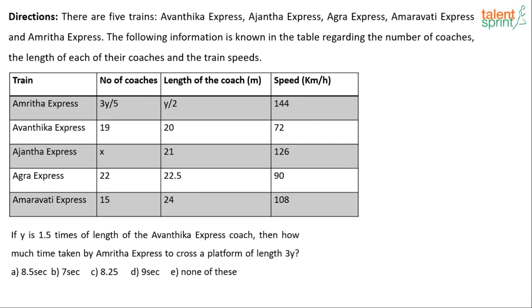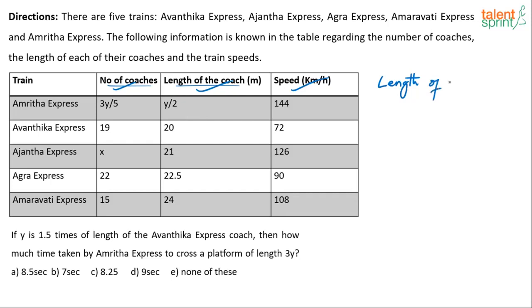Yeah, so basically we have been given the number of coaches in each express, the length of each coach, and the speed, right? Now you can understand that the length of the train can be taken as number of coaches into the length of each coach. Yes or no? Now of course you can say where is the engine? Engine length also has to be added, but for the sake of solving it, you can assume that it is nothing but length of the coaches into number of coaches.